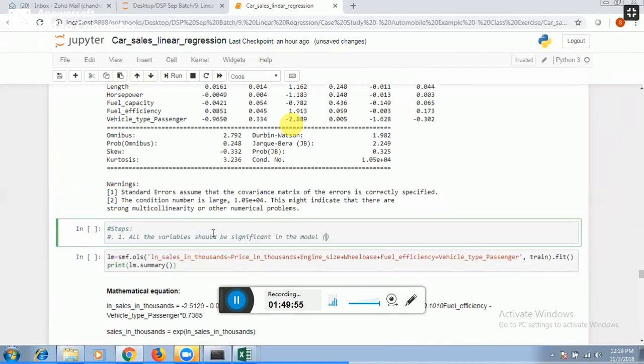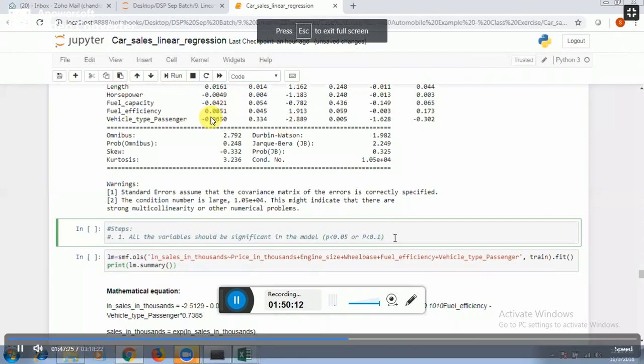That means the p-value should be less than 0.05, or sometimes you can relax the condition to 0.1, which is a 90% confidence interval. If I take a 95% confidence interval, the p-value should be less than 0.05. That is the first thing.